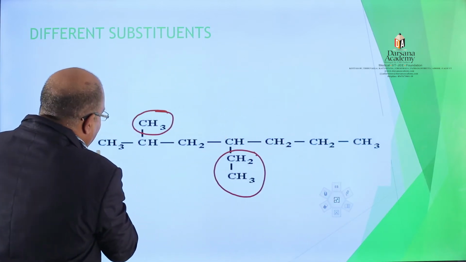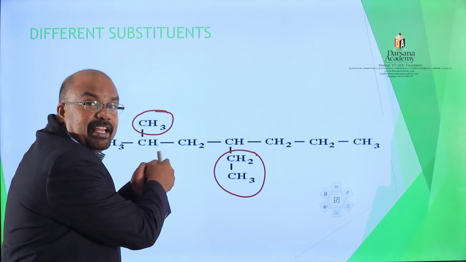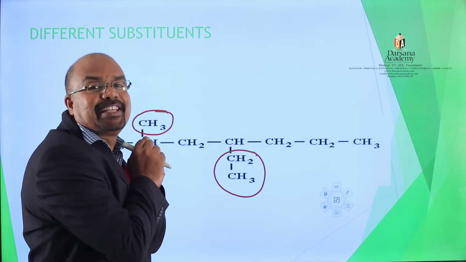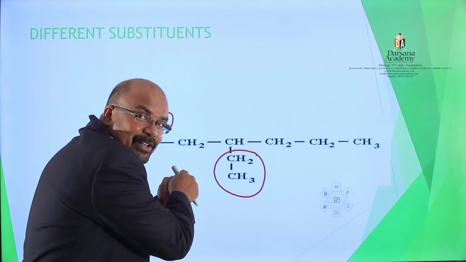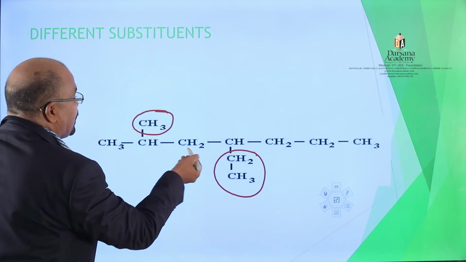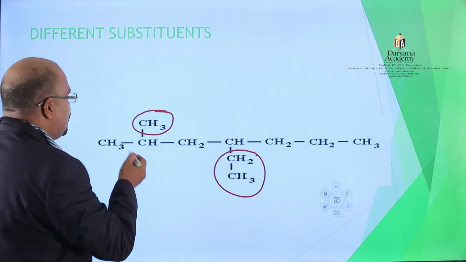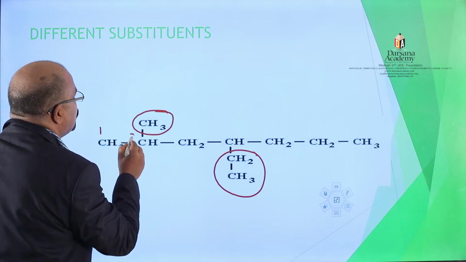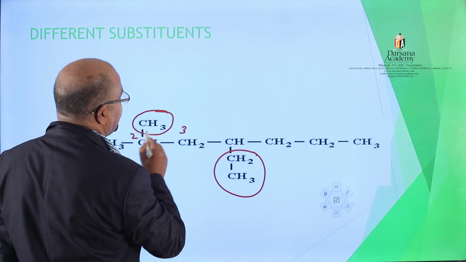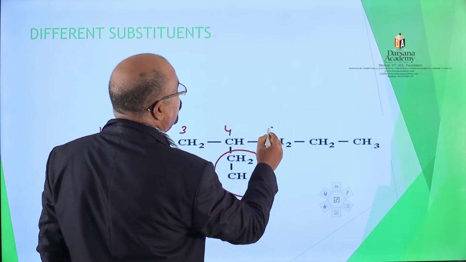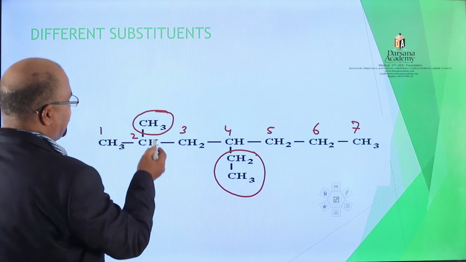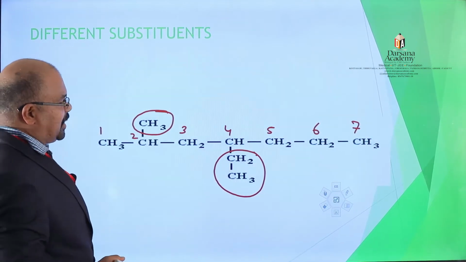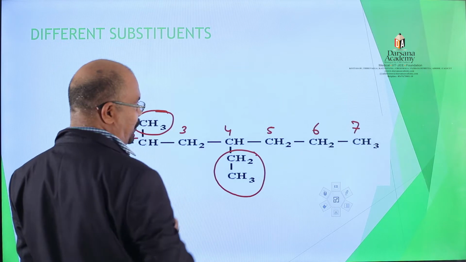If from the left side, the first substituent gets 2. According to the lowest sum of locants, we number from the left side: 1, 2, 3, 4, 5, 6, 7. Here 2 is the locant number of methyl and 4 is the locant number of ethyl.